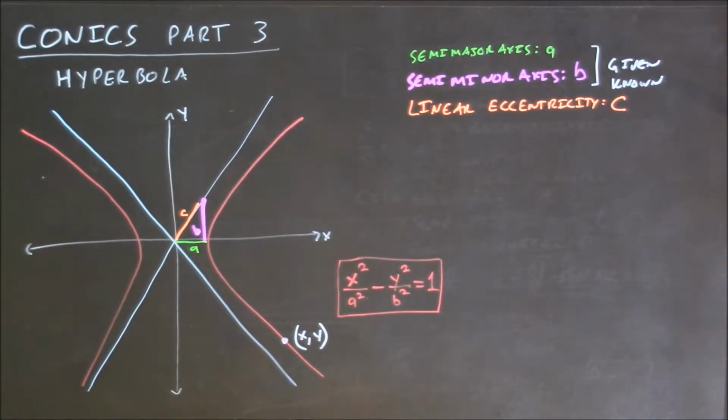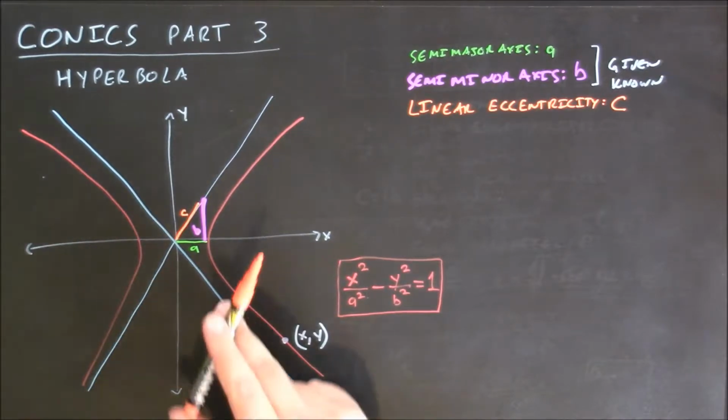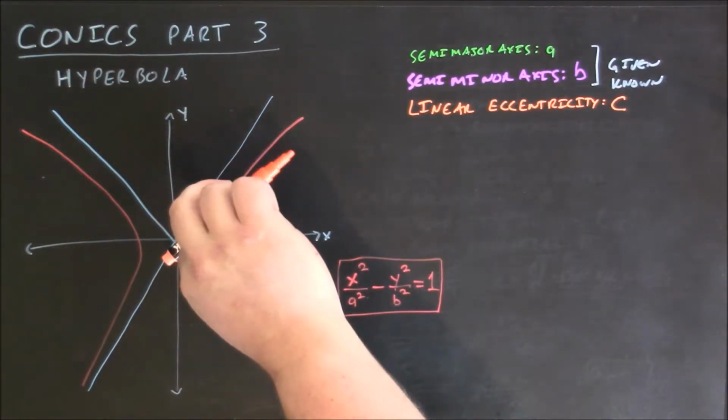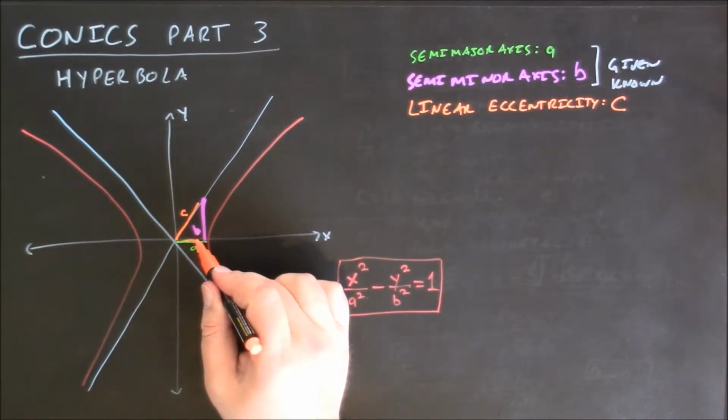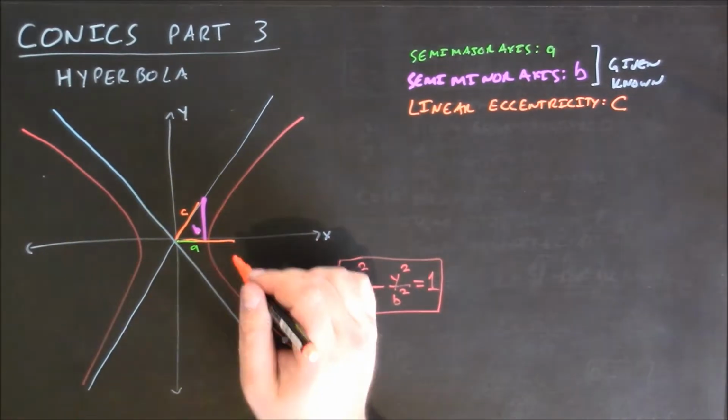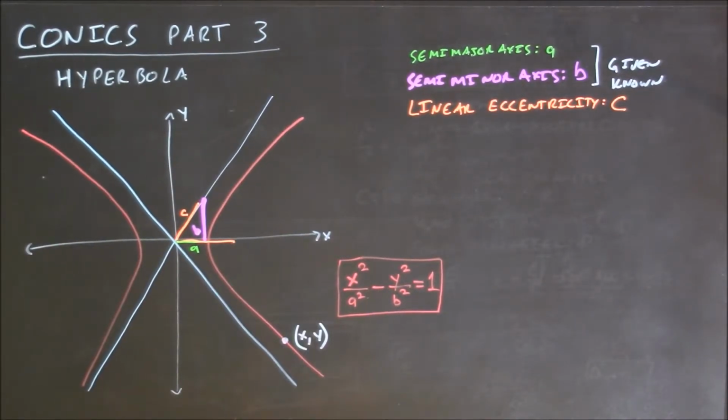Now before we define exactly what the linear eccentricity is with an equation, let's take it and let's rotate it downward this way. So it goes along the x-axis. So it'll go in this direction like that. And it reaches an important point here.